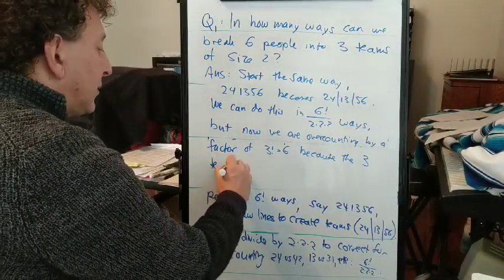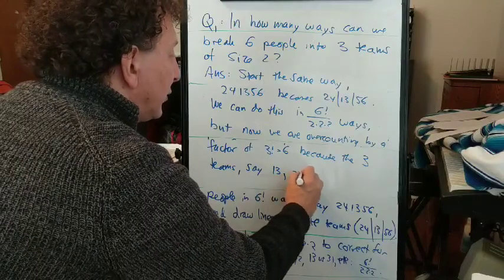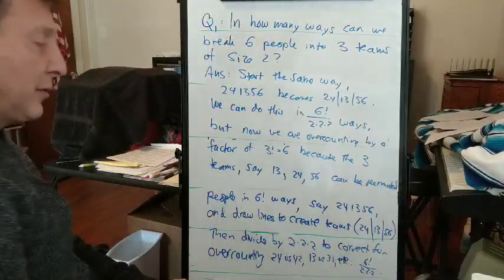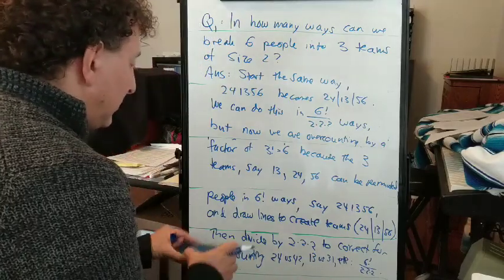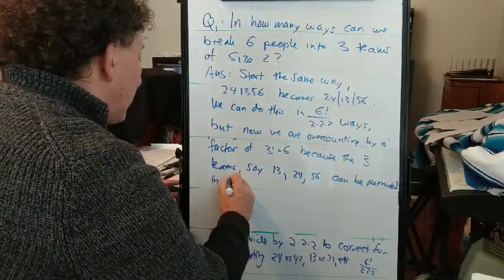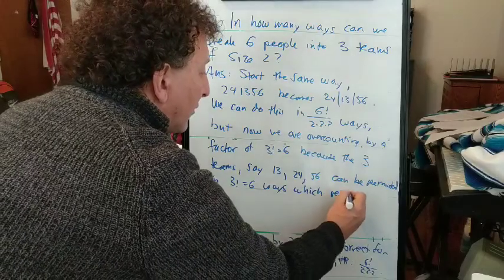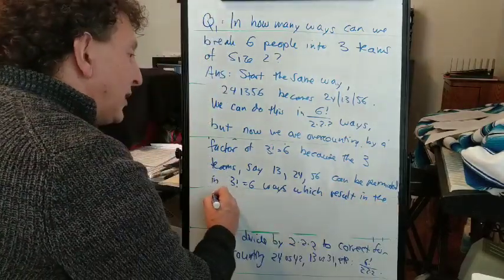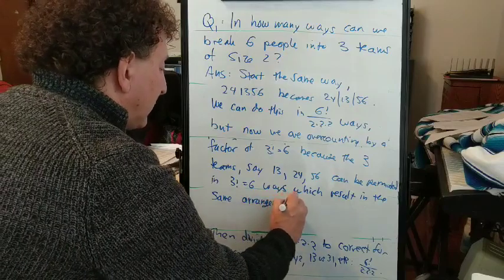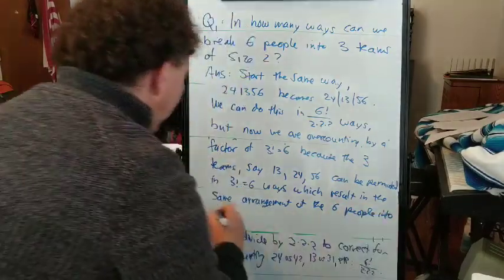Because the 3 teams, say 1, 3, 2, 4, and 5, 6, can be permuted in 3 factorial, which is 6 ways, which result in the same arrangement of the 6 people into 3 teams.